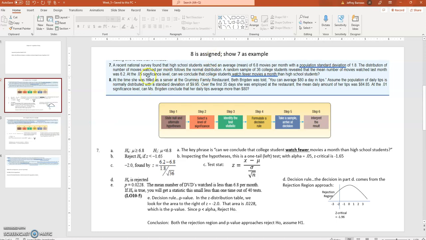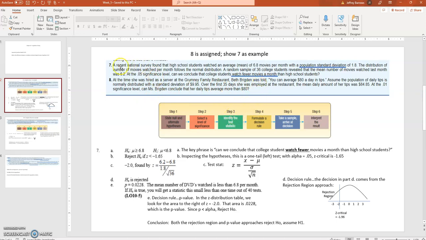So the first problem 8 is assigned to you, and so what I'm going to do is go through problem 7 and make a couple key observations here as we read the problem, and make sure it's clear to everybody what it is we want to try to do with this scenario.